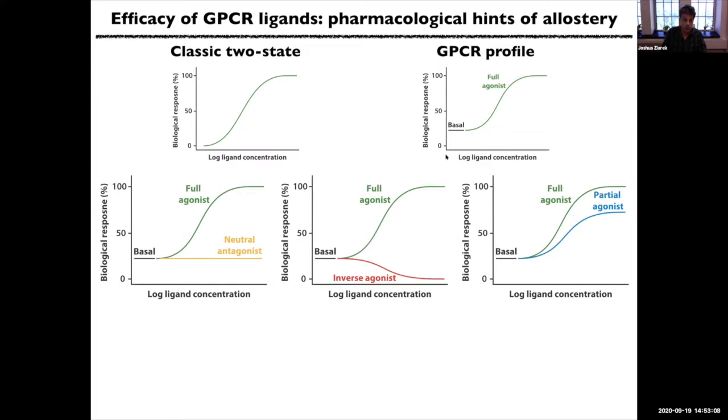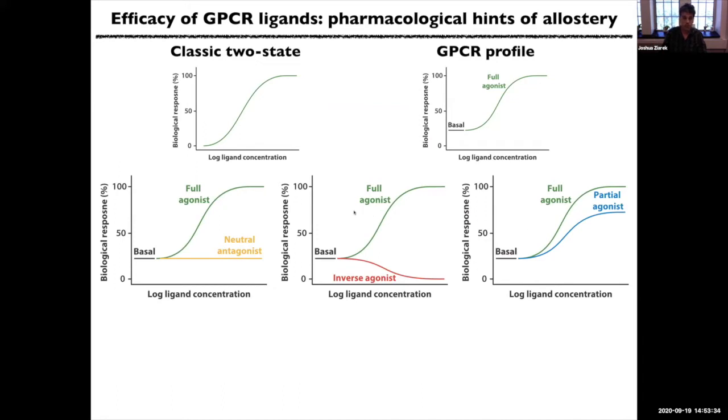GPCRs have very rich pharmacology where it's not just simply full agonists modulating this basal activity, but there are competitive agonists or neutral antagonists that just sit at the orthosteric site. They can turn off this biological activity with inverse agonists. And then of course there are molecules that bind at the orthosteric pocket and do some sort of intermediate activation of the biological response.